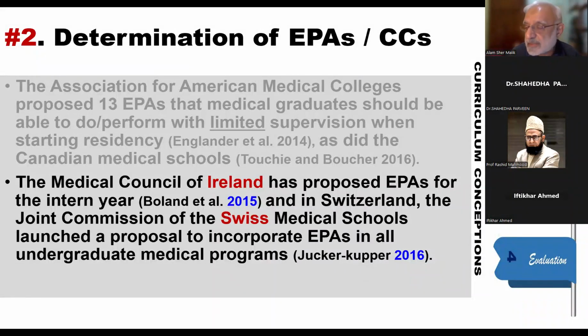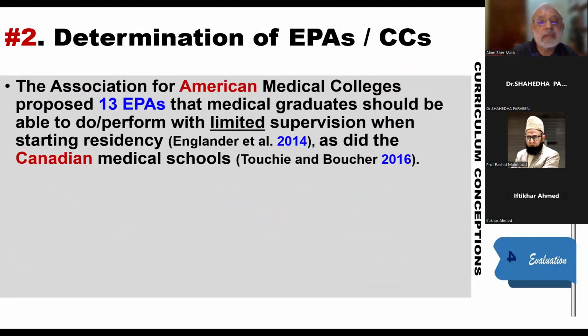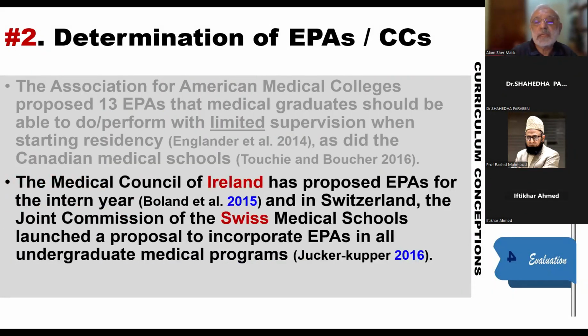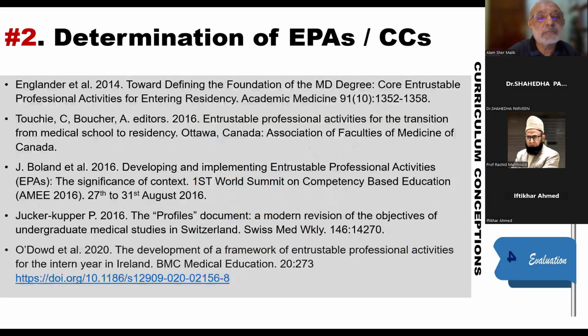So these examples tell us that all the prestigious institutions have adopted this practice of identifying the EPAs, and then based on those EPAs, they construct their curriculum, identify their content, train the students, and certify that they would be able to perform these actions at the time of graduation.